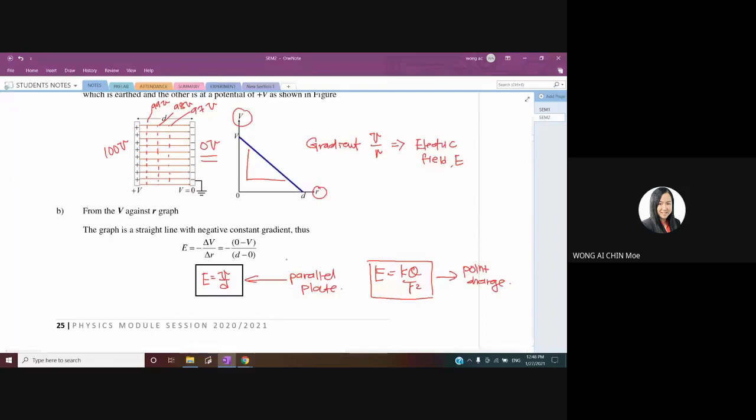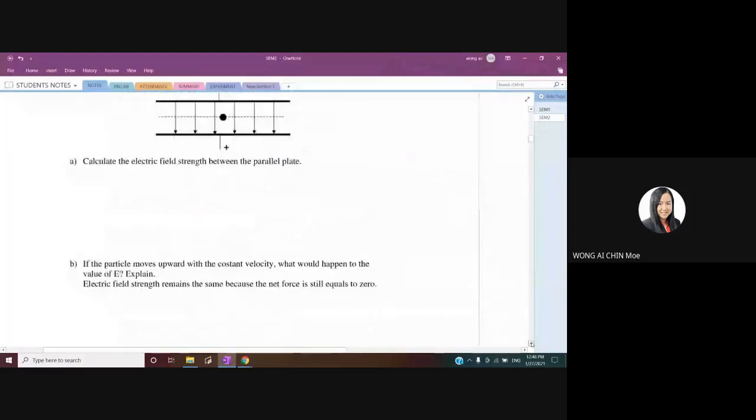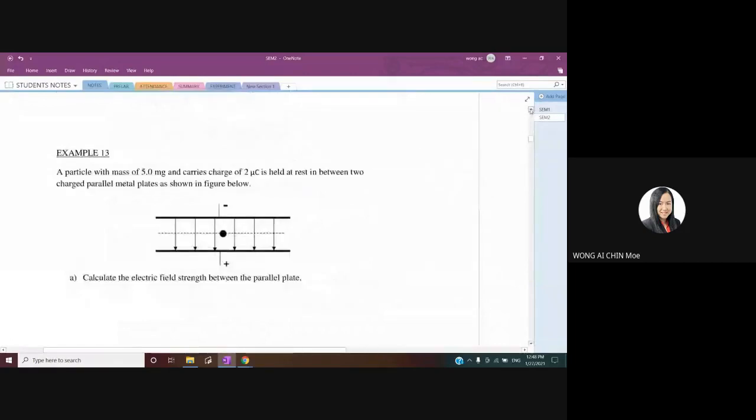So for the examples, we have 13, 14, 15. We go to 13 first. A particle of mass 5 milligram. If you look at this question, they give you the mass of the particle.